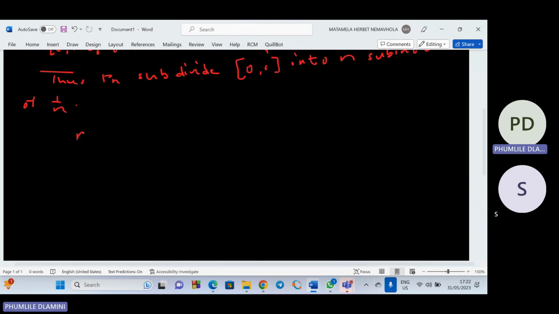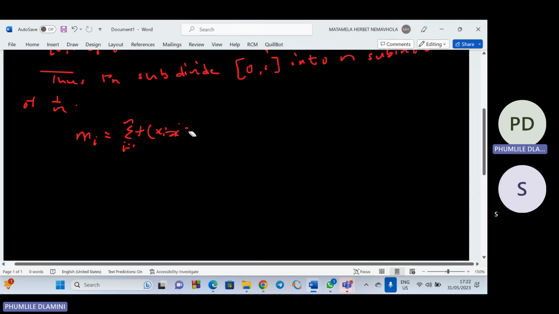According to the formula that I gave you, our mi equals the sum from i equals 1 to n of f of x i minus 1, sorry, not that.